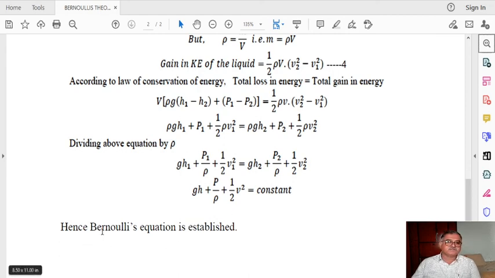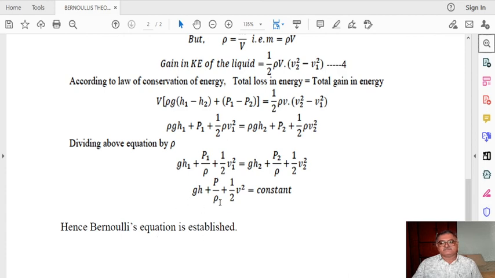This equation was established by the scientist Bernoulli, and after his name it is called Bernoulli's equation for the viscous nature of the liquid.